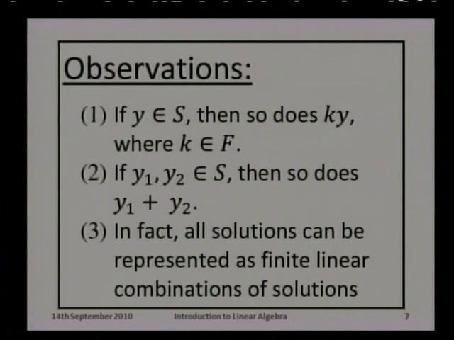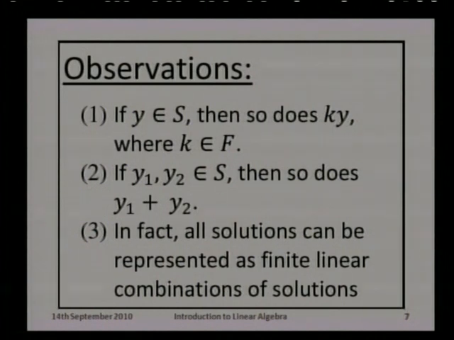Here we make 3 observations basically. If y is a solution of Ax equal to 0, then so does ky, where k is a scalar or k is a real number or complex number. If y1 and y2 are 2 solutions, then so does their sum y1 plus y2.